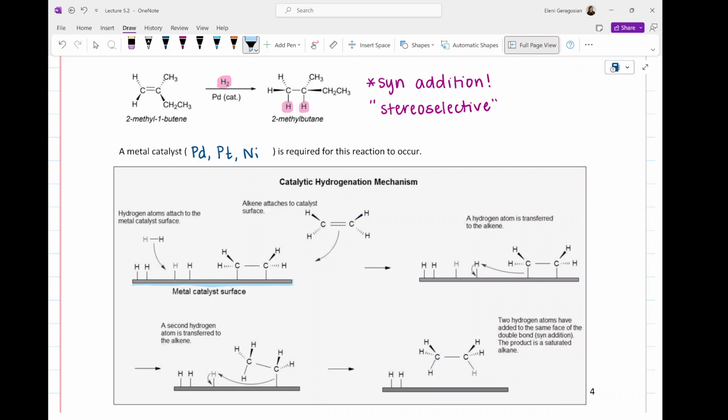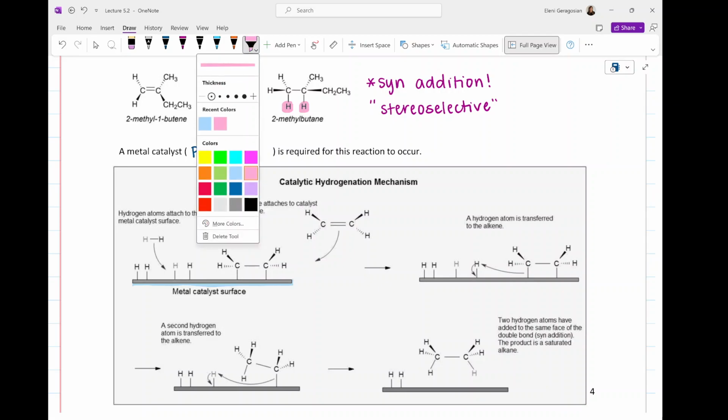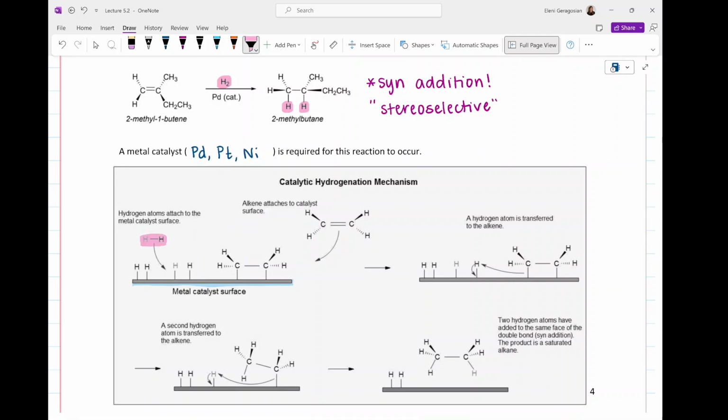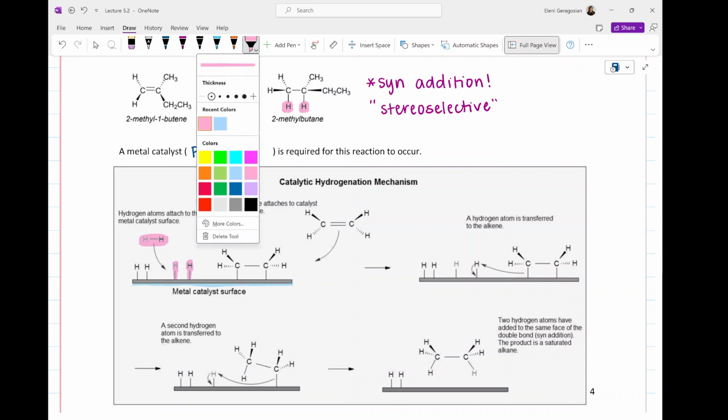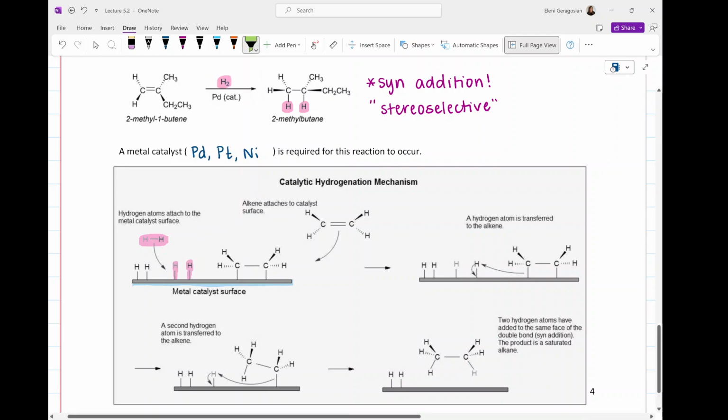In the hydrogen gas, the H2 molecule will bond to the metal surface. So now we have individual hydrogen atoms bonded to that surface. And the alkene, I'll use green here, will also bond to the surface, and notice that one of the pi bonds is now like one electron per carbon on that surface. There's no pi bond between them anymore.